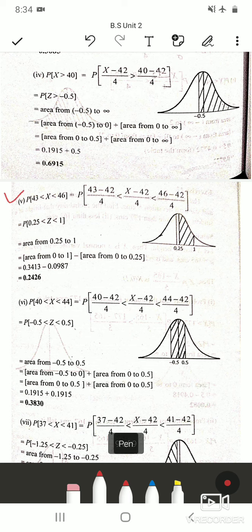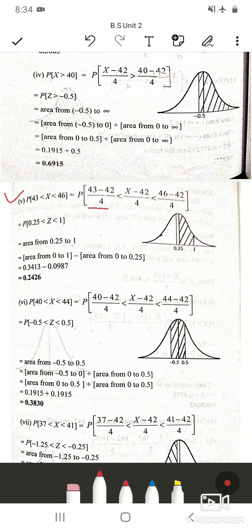The fifth sub question was to find x lies between 43 and 46. So we have to find the probability such that 43 is less than x less than 46. The same procedure is followed: we convert it into a standard normal variate. For each term, subtract the mean and divide by the standard deviation.